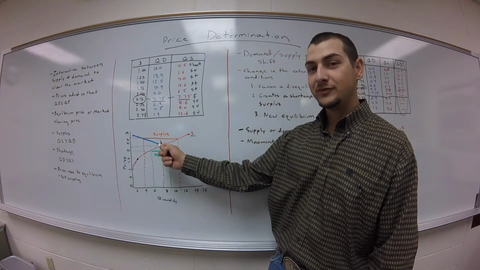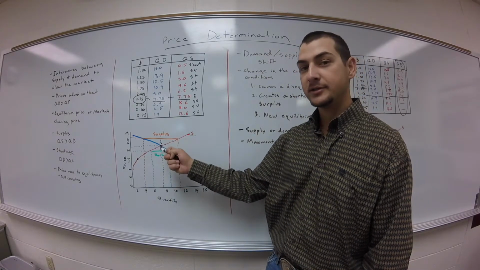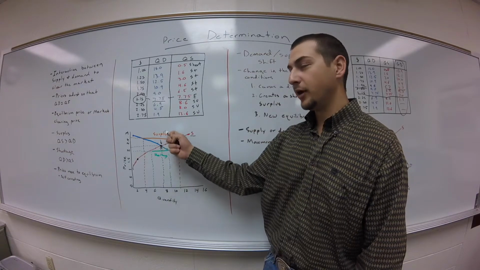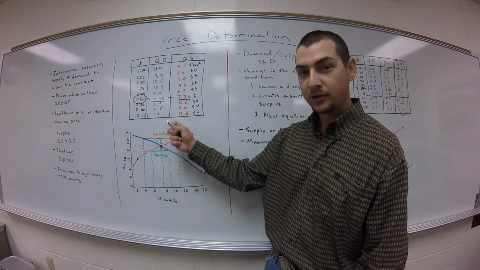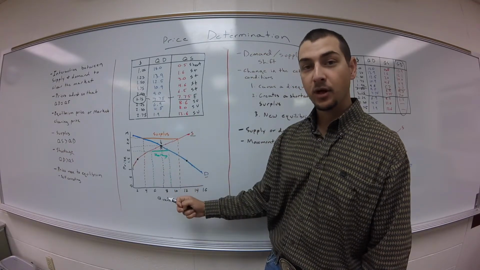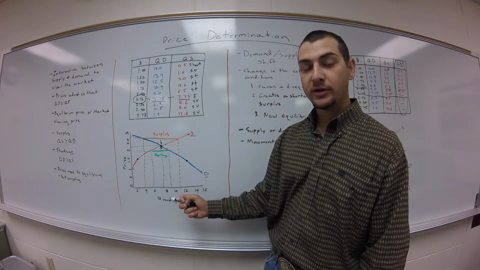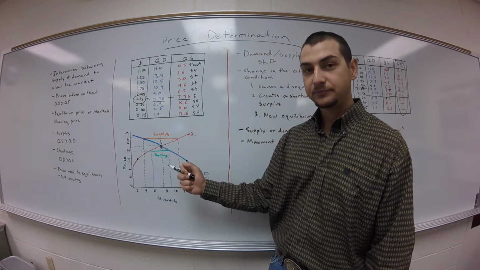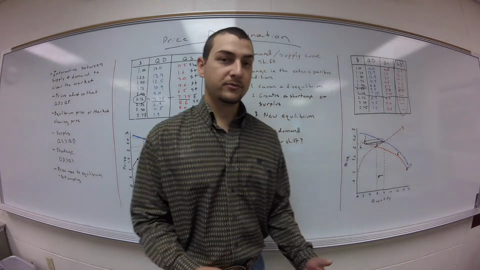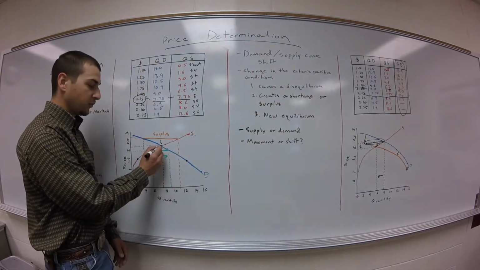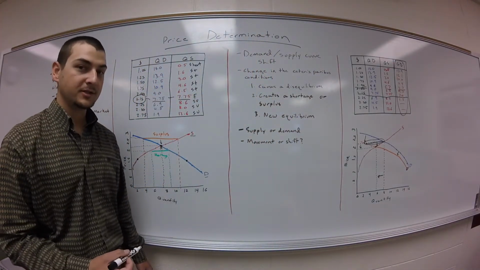And where those two curves intersect is the equilibrium price. If the price is above equilibrium, we're in a surplus and it drives prices down. If price is below equilibrium, we're in a shortage and it drives prices up. So then we figure out that this is a self-correcting automatic process.